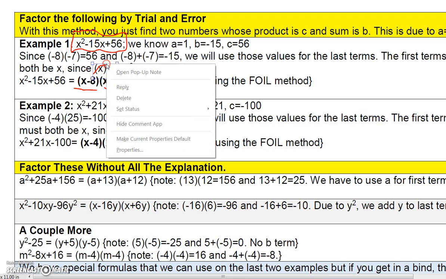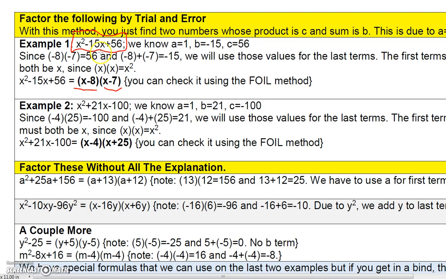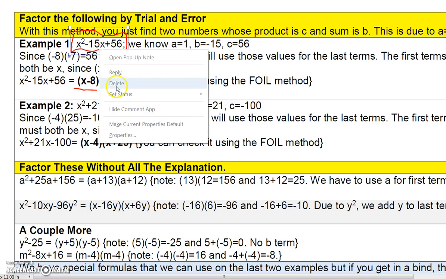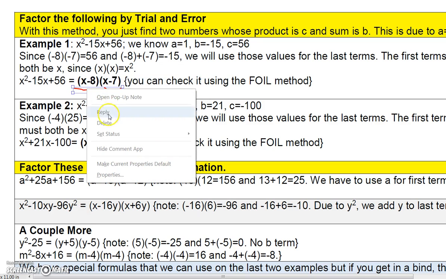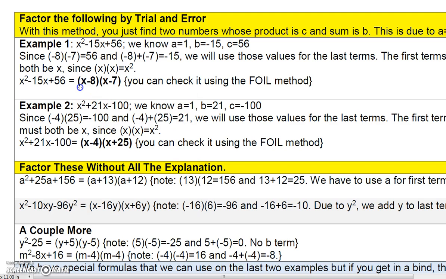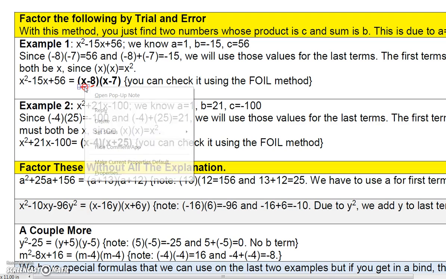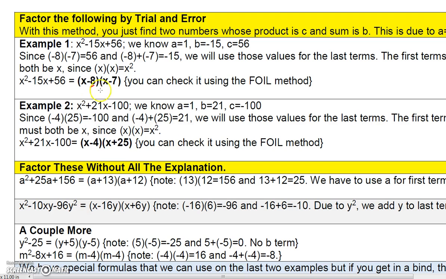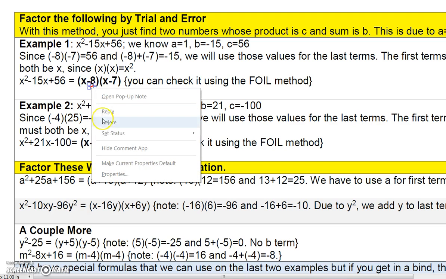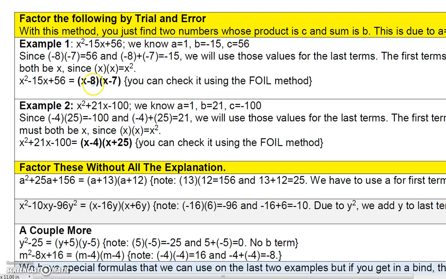Now then, but what about the middle term? Okay, so we've determined here that the first terms have to be factors of x squared, and that the last terms have to be factors of 56. Okay, so what about the middle term? That's how we determine which factors of 56 we're going to use.